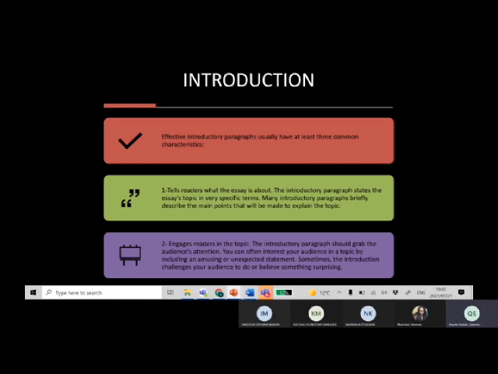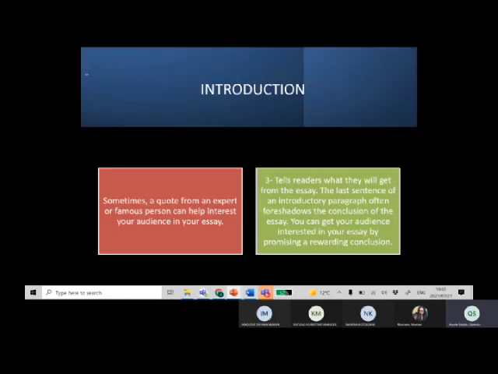So you have that wow statement in your expository essays. Sometimes a quote from an expert or a famous person can help interest your audience in your essay. So you can take a quote that relates to what you're trying to say, and then you can include that quote in your introduction just to boost it a little bit.